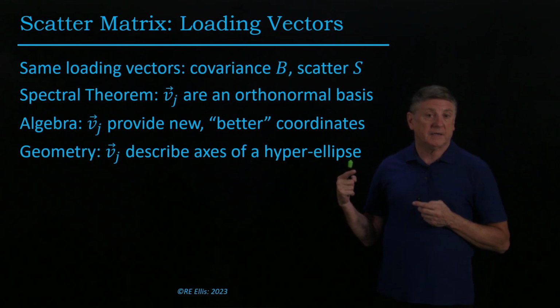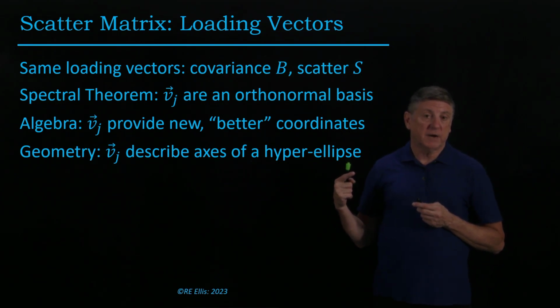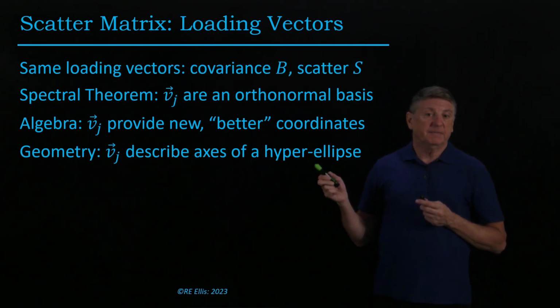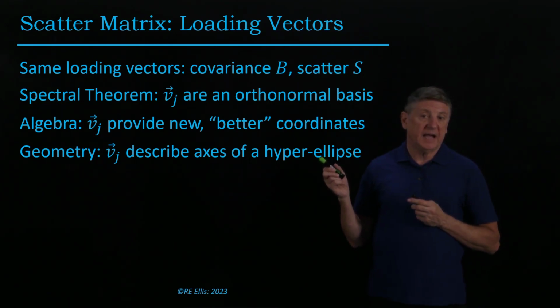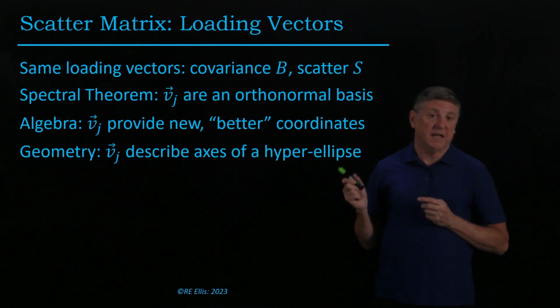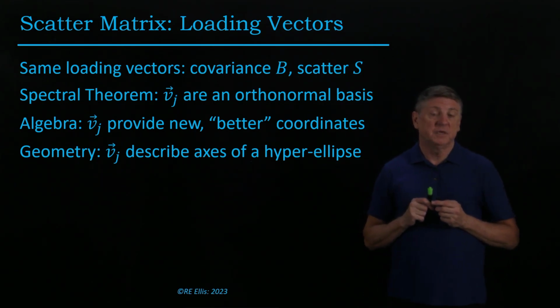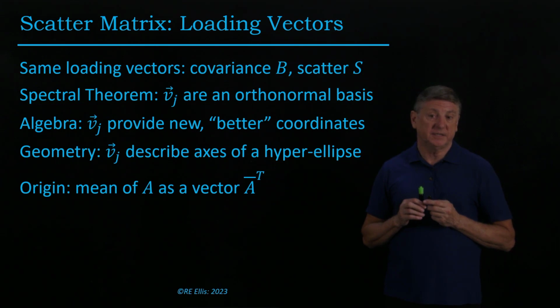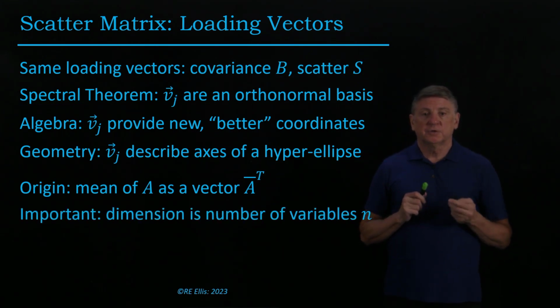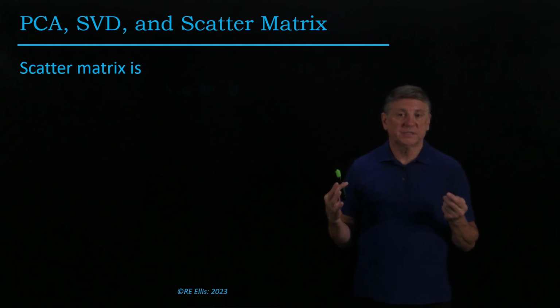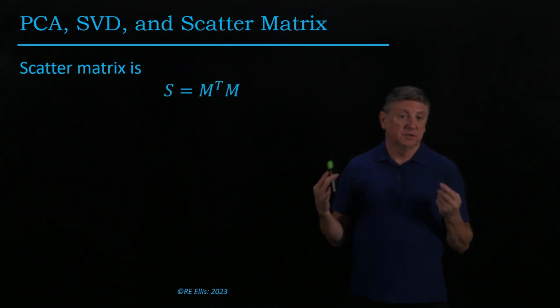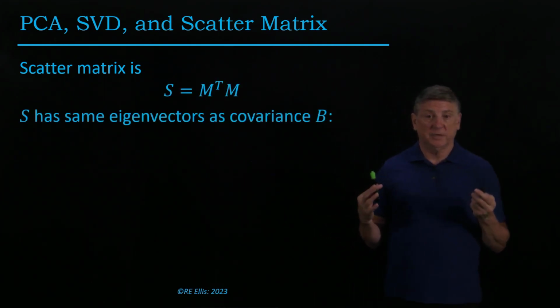So if you scroll back to Karl Pearson's diagram, you'll see that the first loading vector goes through the mean of the data, and it is the single axis that best describes the data that he presented in 1901. So what are the relations here? Well, the scatter matrix is the transpose of the zero mean data times the zero mean data.